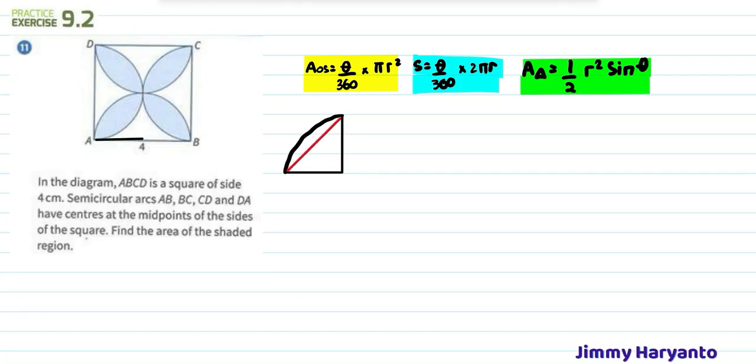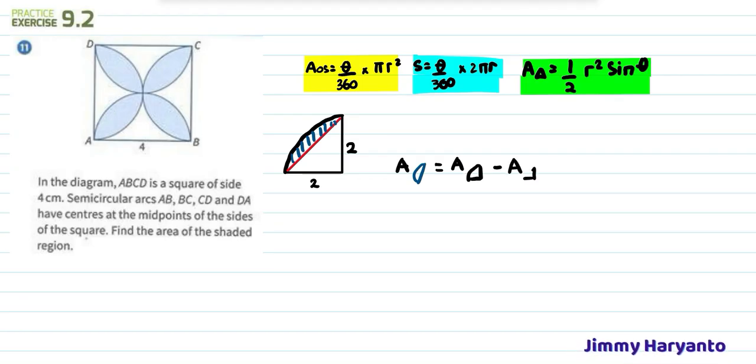Then I have the radius of the circle, which is 2, and the question wants us to find this area. So the area of this one equals the area of the quarter circle minus the area of the triangle.